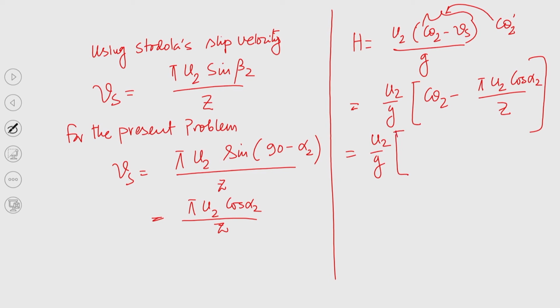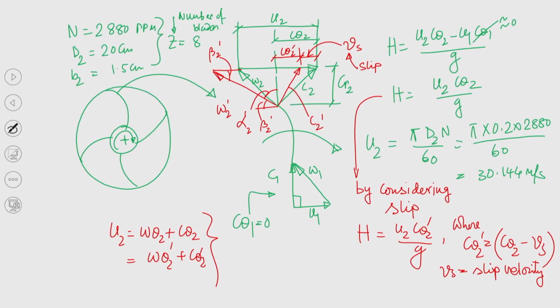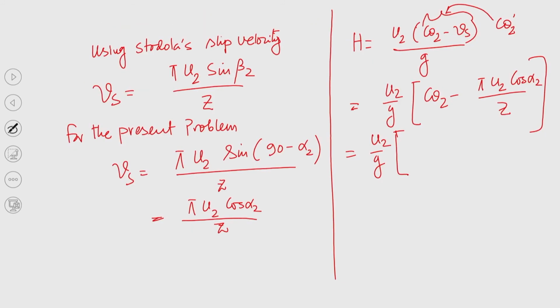If we go back, c theta 2 is equal to u2 minus w theta 2. So, that is u2 minus w theta 2 minus we can write the expression of pi u2 cos alpha 2 by z.